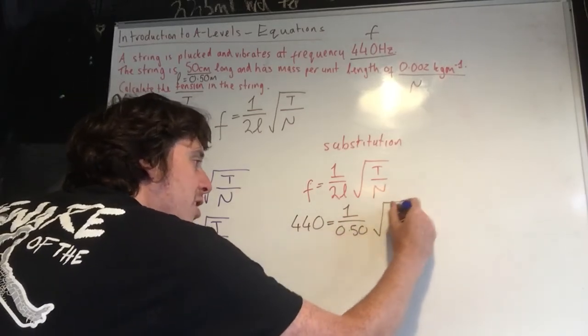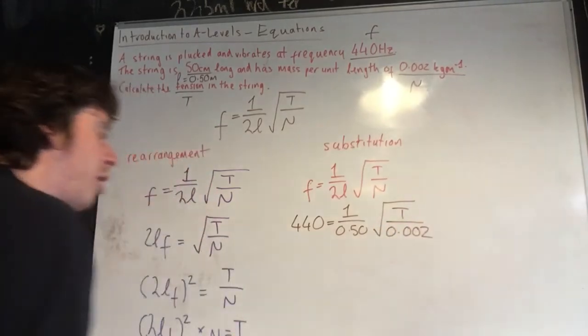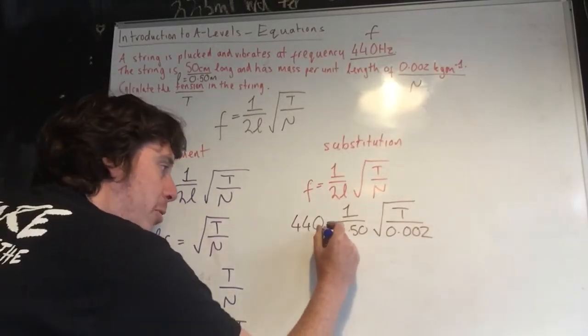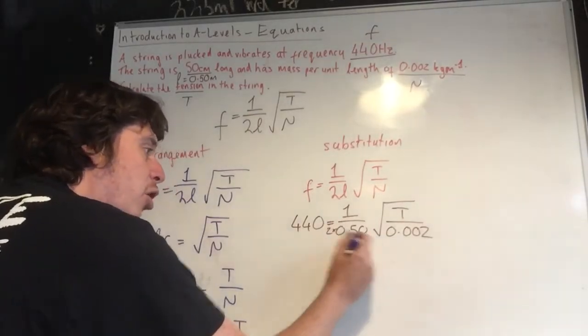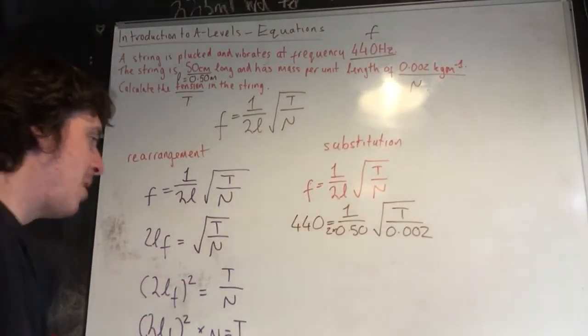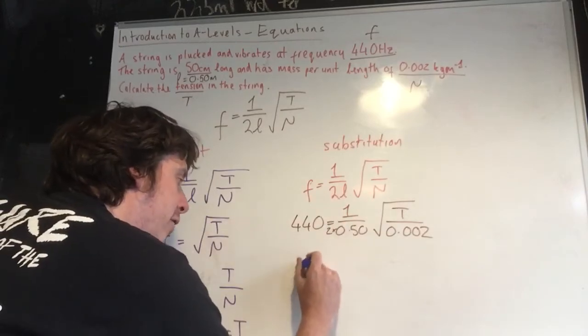We don't know the tension, that's what we're trying to calculate, and our mass per unit length is 0.002. Something that I've missed, it's a good job I've noticed, is that it's 2 times 0.50, so it's 2L, and that's a common mistake.